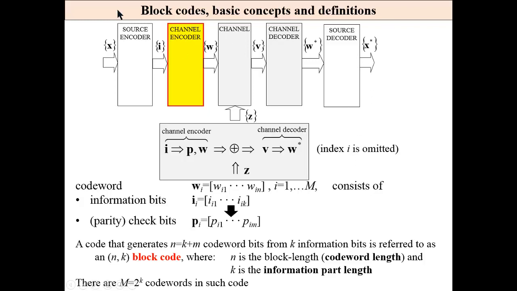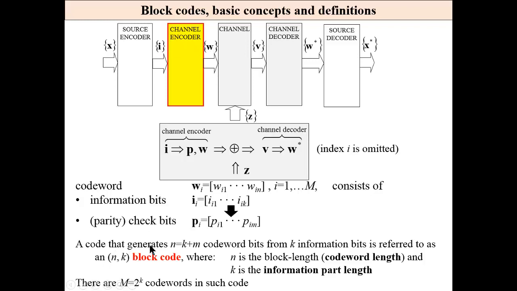This slide presents once again the source encoder, channel encoder, channel decoder, and source decoder system. But what I would like to repeat is that in the channel encoder the input is information bits, and the channel encoder calculates parity check bits and adds them to the information bits to create a code word.